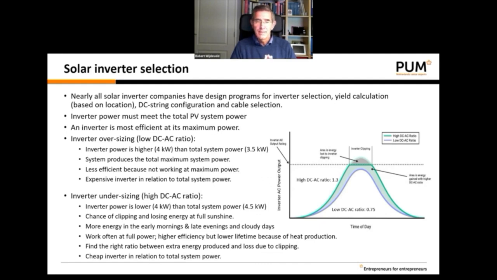If you follow the line, then there is a chance of clipping, because the total system can produce more power than the inverter can handle. And then the inverter will say, stop, I can work only till 4 kilowatt, and everything above 4 kilowatts is lost. You see that also the area and the energy is lost due to inverter clipping.